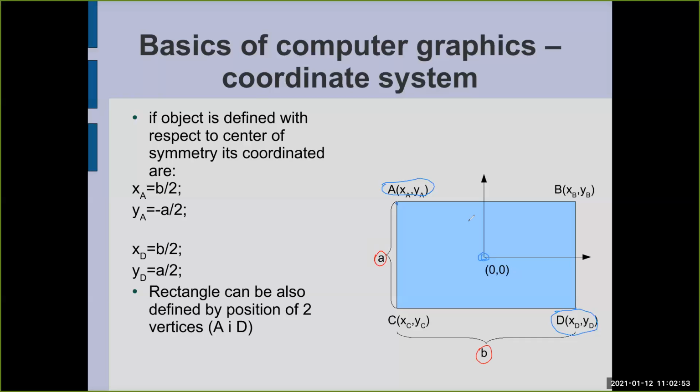Of course, we can switch between these 2 representations, so they are equivalent somehow. Yeah, I hope it's quite easy.